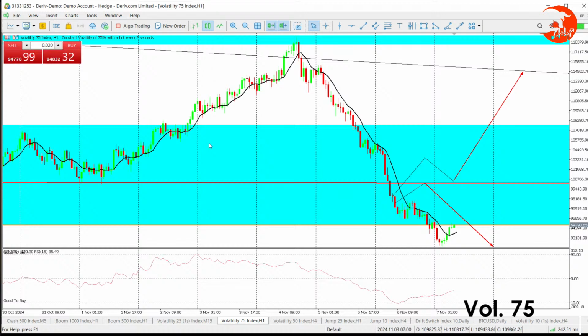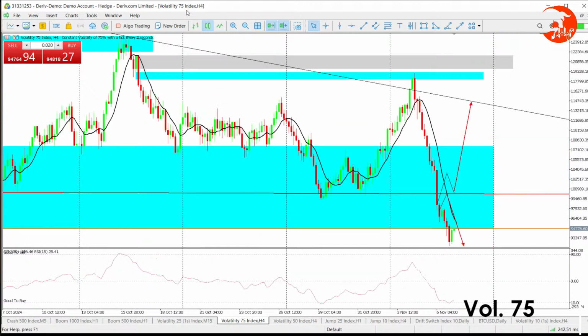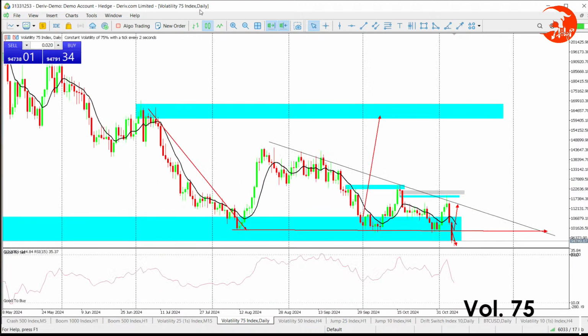And where we are on H1, we are oversold, and even on H4 we have gone back to the oversold level there.